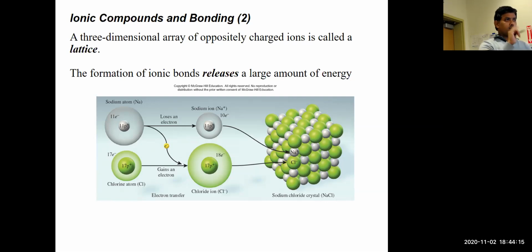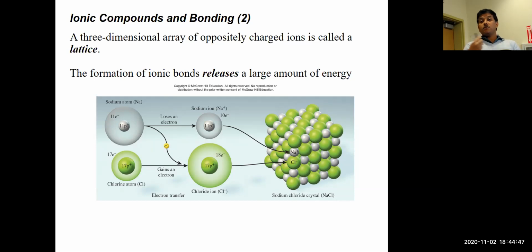Before I go into that, let me clarify what a lattice is. A lattice is a three-dimensional array of anions and cations attracted together to form a solid. This is the crystal structure of the sodium chloride ionic compound, which exists in this array of sodium, chlorine, sodium, chlorine, sodium, chlorine.